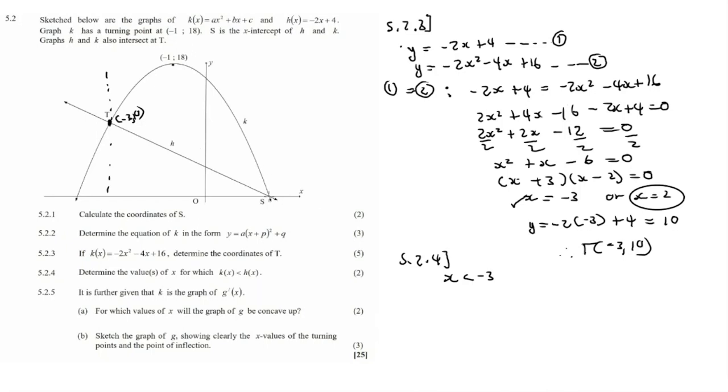Also at this intersection point, look here, this k graph goes down, this straight line graph goes down as well, and k is below, h is above.